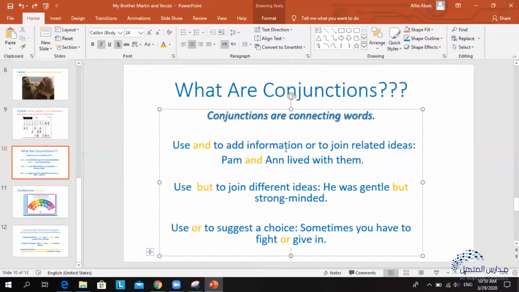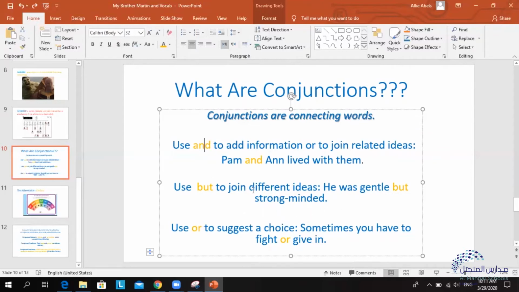If we look at all three of these examples that were used with the conjunctions "and," "but" and "or," we would see that all these sentences have one thing in common, and that is connecting ideas in different types of sentences. In the first sentence, we wanted to join ideas, so we use "and."